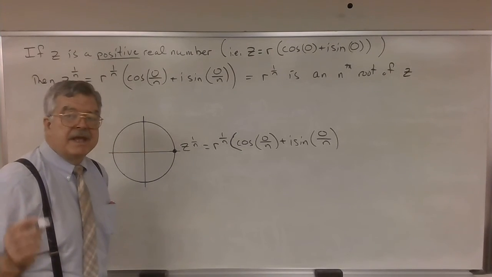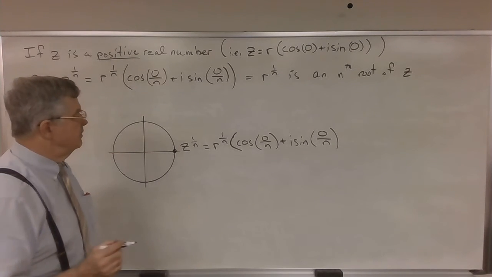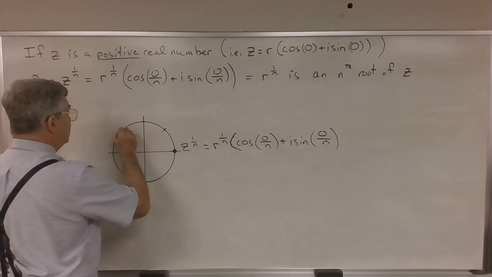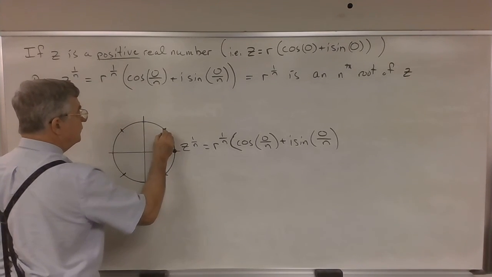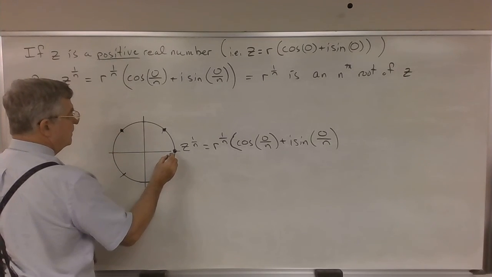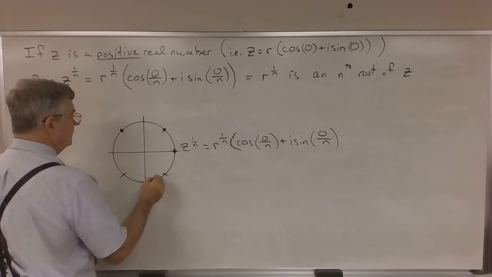So let's say we want the sixth root of z, for example. Let's see, 1, 2, 3, 4.